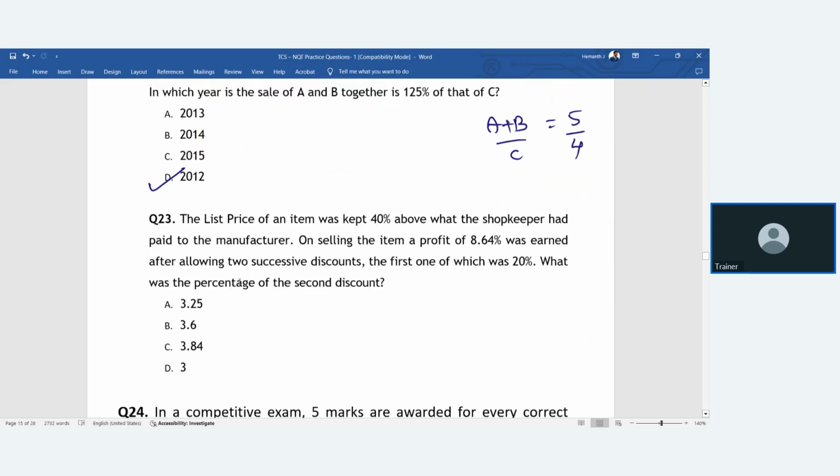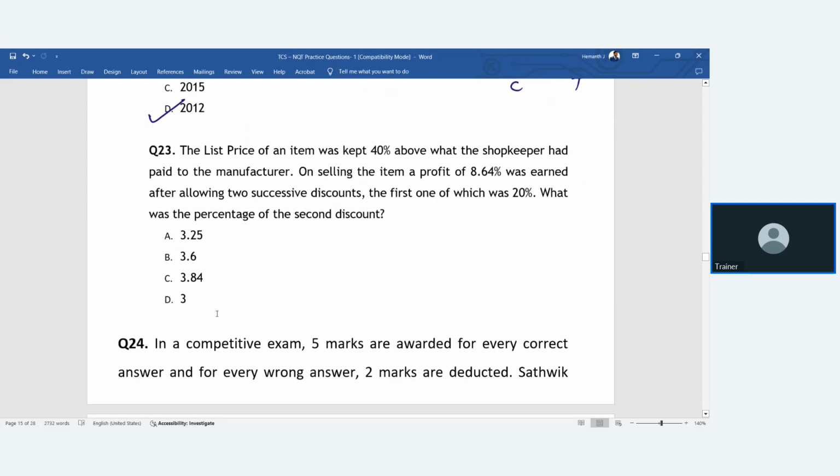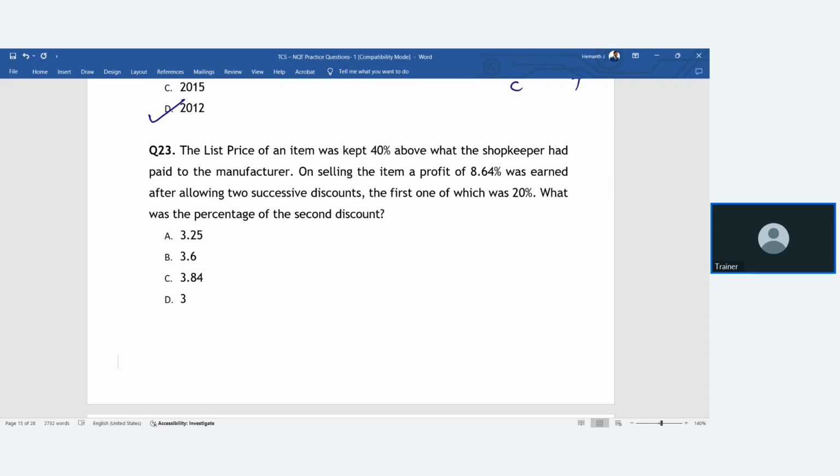Right. Next one, 23, if you focus. The list price of an item was kept 40% above what the shopkeeper has to pay to the manufacturer. He increased the price. On selling the item, there is a profit of 8.64% after allowing two successive discounts. The first one is 20%.